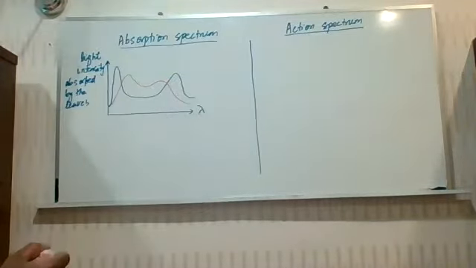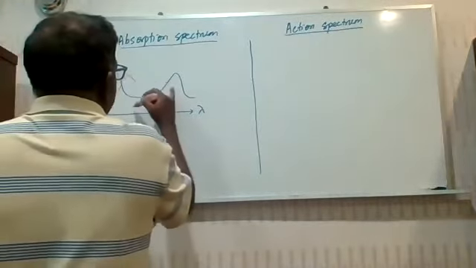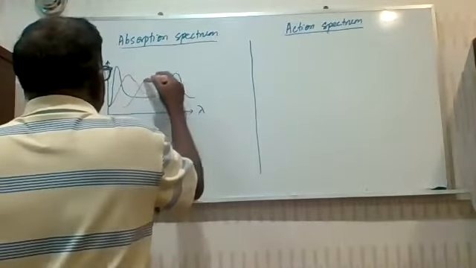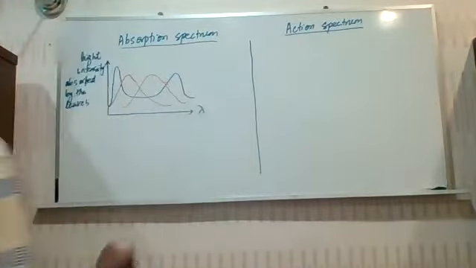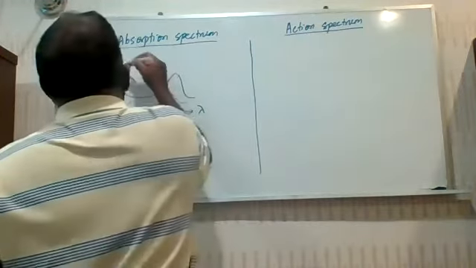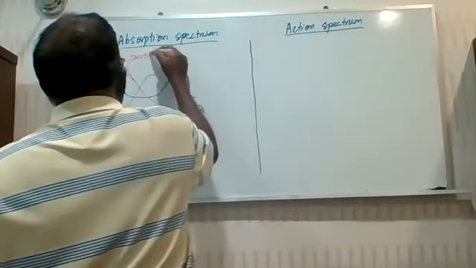In fact, I'll remove this part. Your carotenoids should be more like that. Then the other pigments will come like that. These are all the light intensity that's absorbed. That will be more of phycocyanin, and that's carotenoid. So this one is referring to carotenoids.